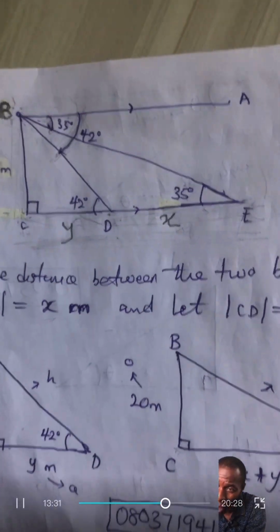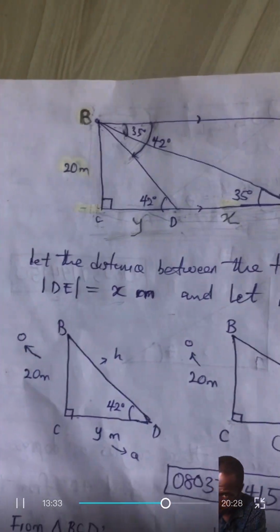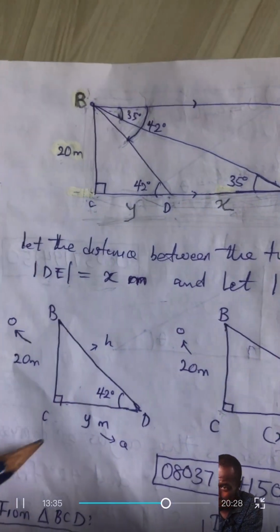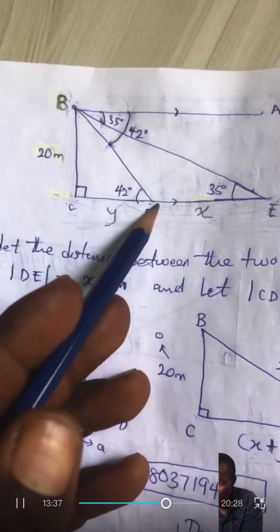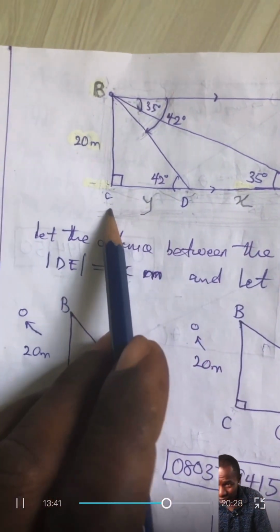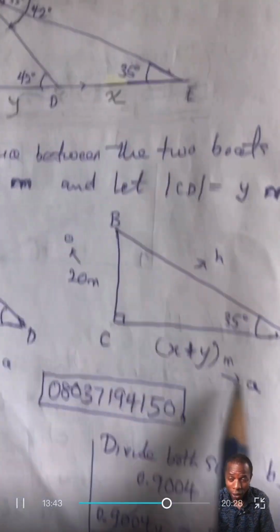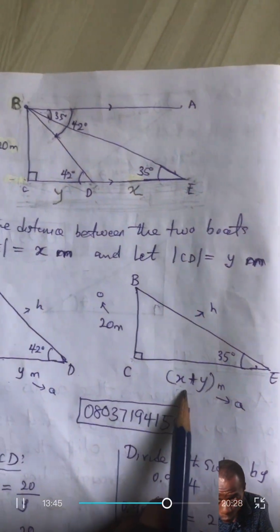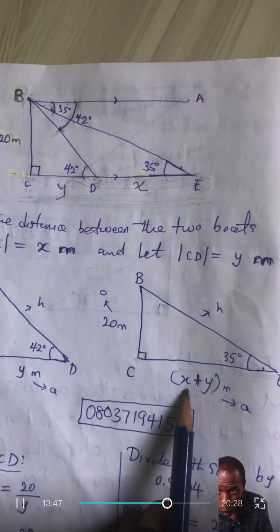So if CD is Y and DE is X, then the entire length between C and E, in the second triangle, is X plus Y.